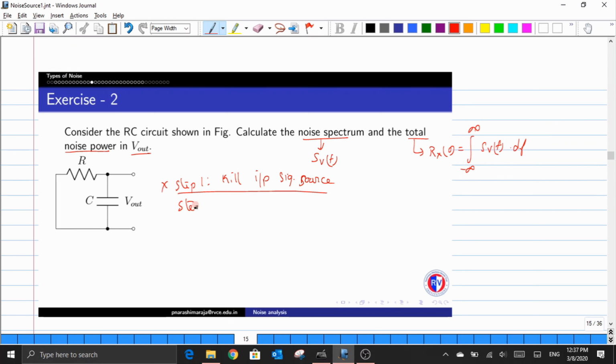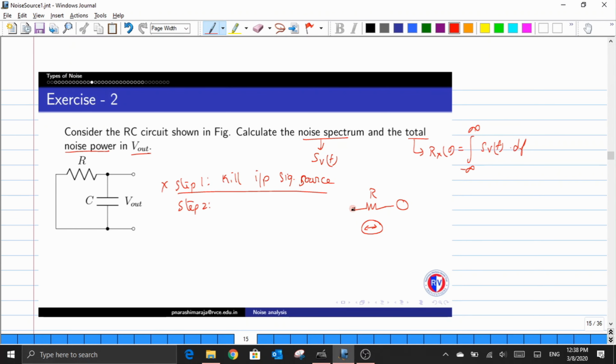Let us move on to the second step, where one has to identify the different sources of noise that exist inside this particular circuit. We have two components here, among which the capacitive component will not contribute to any type of noise, and it is only the resistor that contributes to the noise. Now as we know, this noisy resistor can be redrawn as a noiseless resistor in series with a voltage noise source, or a noiseless resistor in parallel with a current noise source.